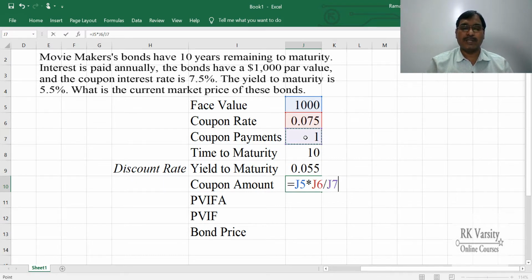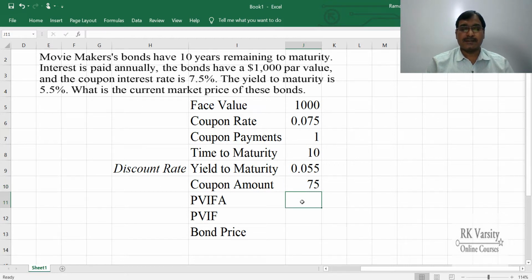This will help you when you have a semi-annual coupon payment or multiple coupon payments. If you change the coupon payments here, that will calculate the coupon amount accordingly. But in our case this is only an annual coupon payment, only one payment. Now your coupon amount is $75. So for the next 10 years you get this series of payments of $75.